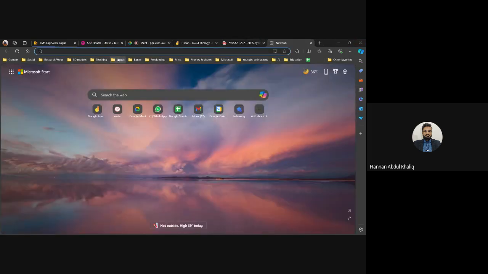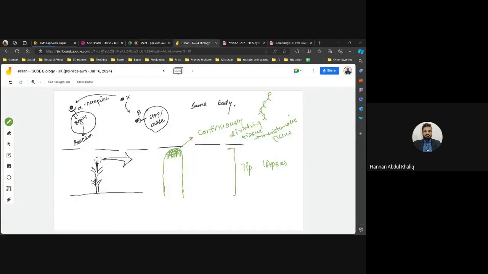All these cells are moved down. When they are dividing, they are moving downward. So you would say this is the phase of division. Over here, the cells are continuously dividing.